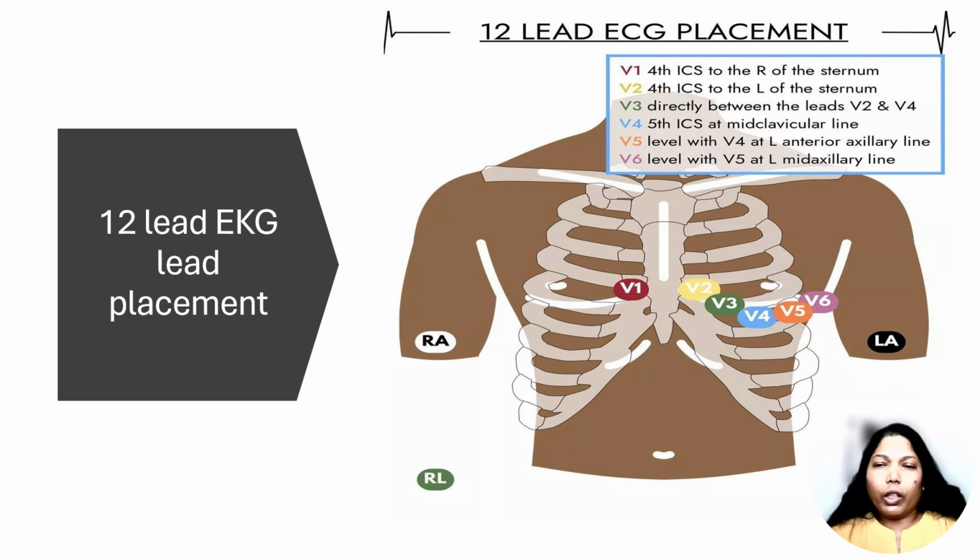Then V5 is placed at the left anterior axillary line. V6 is placed on the mid-axillary line. So fourth and fifth intercostal spaces. Understand the location of the lead placement, then it is easier to understand the location of MI too.